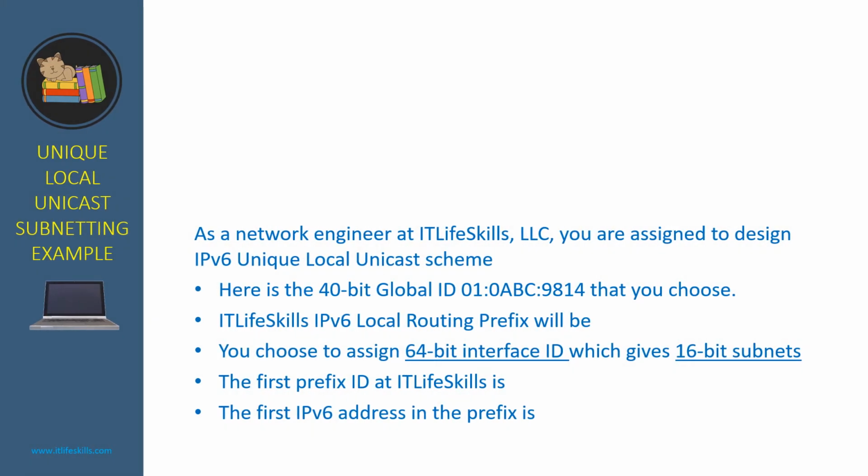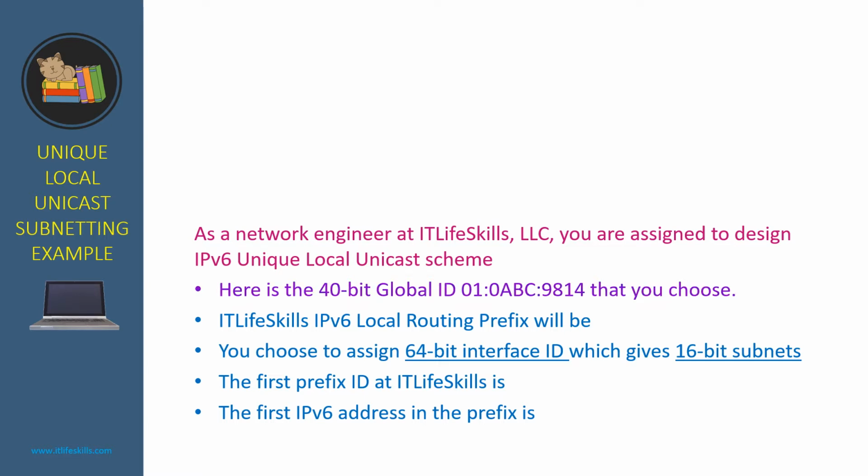To have a better understanding of unique local unicast subnetting, let's work on an example. As a network engineer at IT Life Skills, you are assigned to design IPv6 unique local unicast schemes.